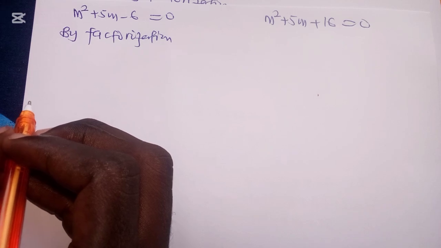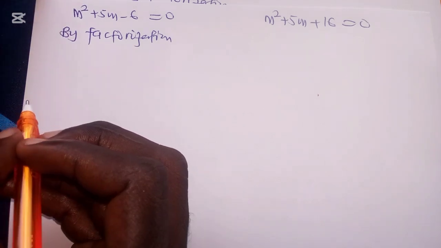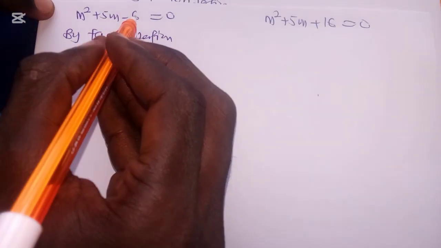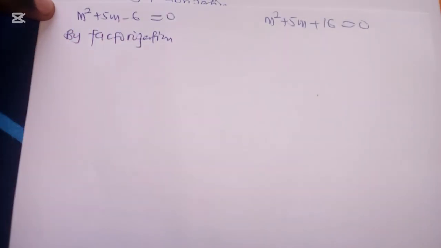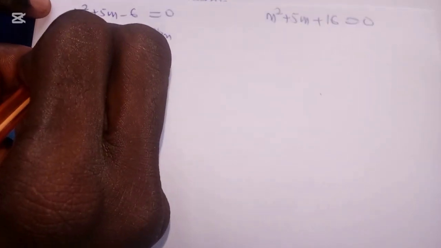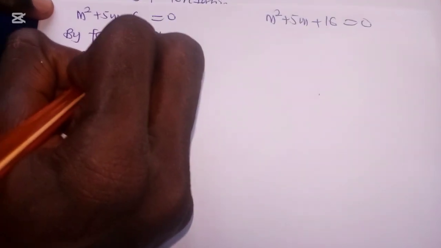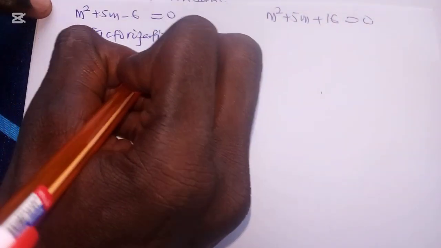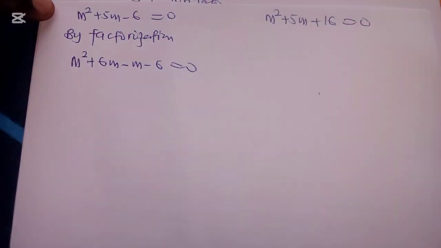But we say 6 times 1 giving you 6, then 6 minus 1 giving you 5. That is, we have m squared plus 6m minus m minus 6, then everything becomes 0.